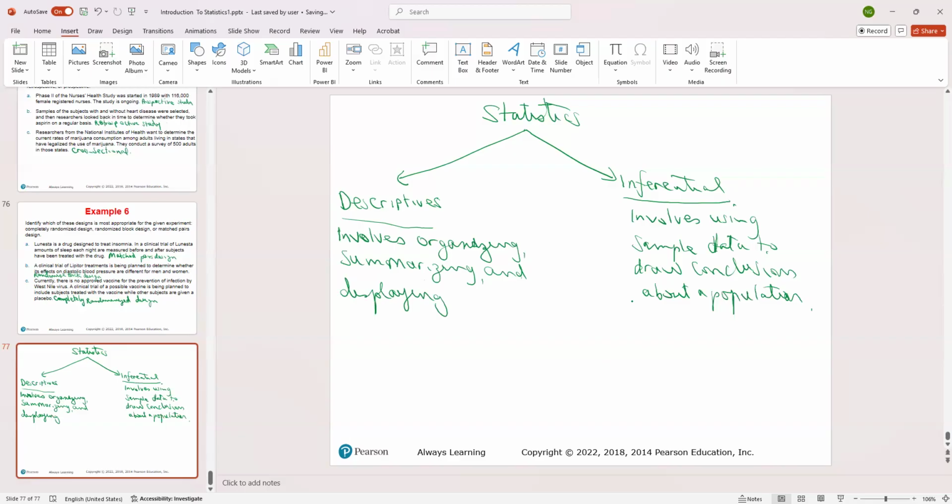However, it's not because the poll says so that the entire population would vote that way, because it's only 5,000 out of 100 million people who can vote, right? So hopefully you enjoyed this, and I'll see you in the next chapter, exploring data with tables and graphs. Take care.